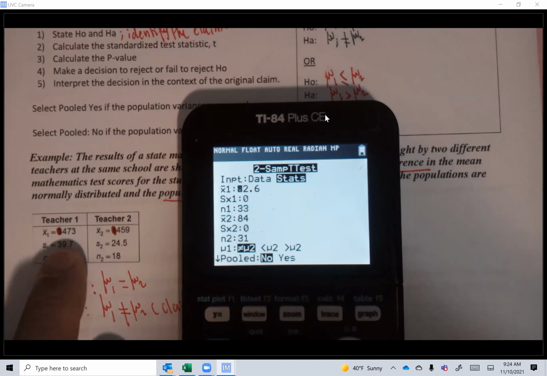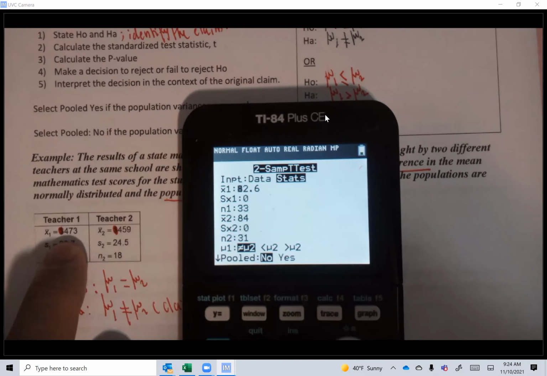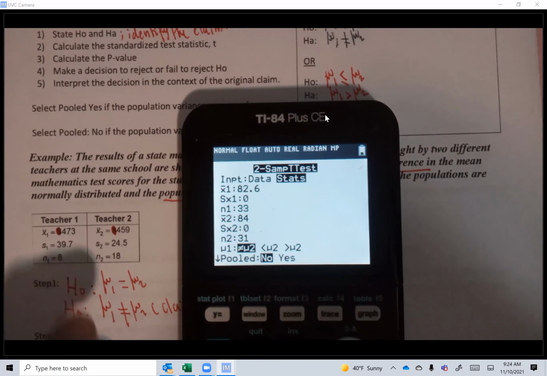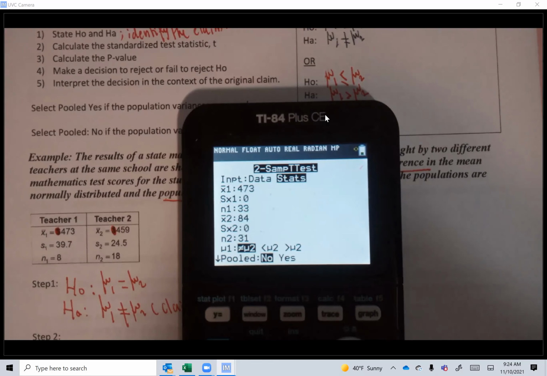X1 bar, 473. Let's do it together because you're going to be doing an activity later today on your own. S1, 39.7. N1, 8. X2 bar, 459.